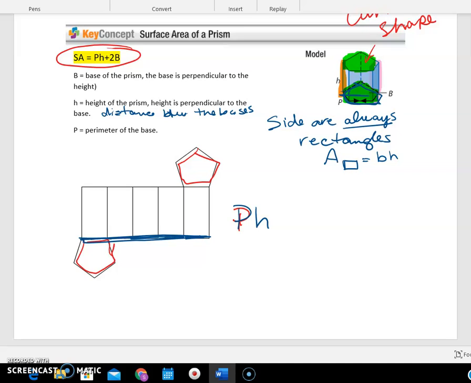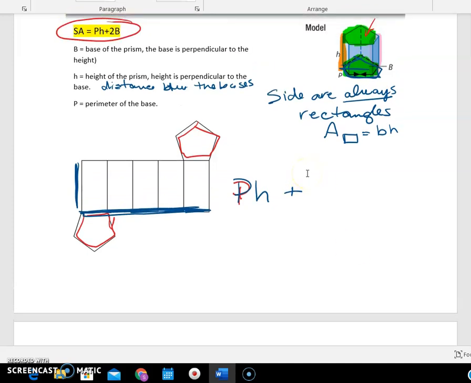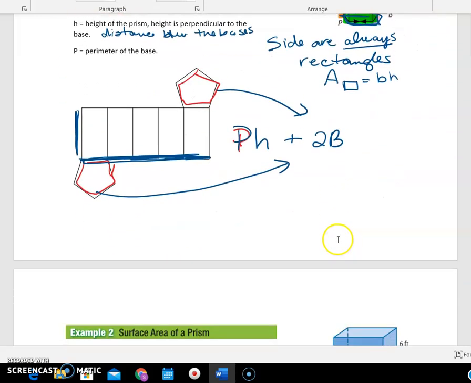If we take the perimeter of that base, that's equivalent to these lengths here, and then multiply it by the height of our prism, that's going to be the area of that giant rectangle. So it's a quick way to find the area of all of those rectangles by doing perimeter times height. And then, like I said, we add our two bases here, and that's our surface area.